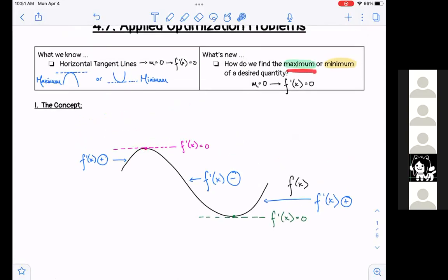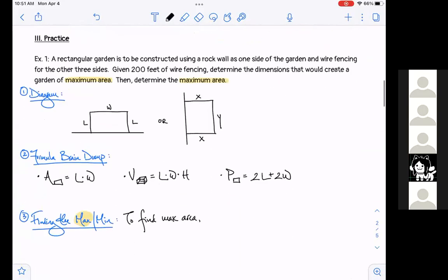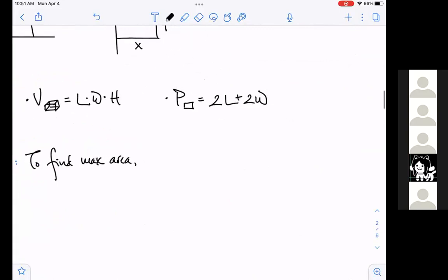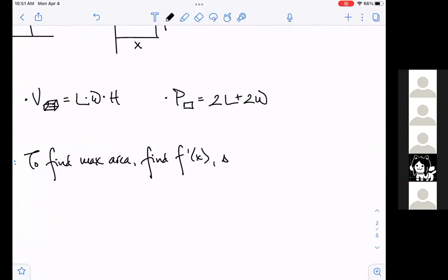Find our maximum by finding that derivative, setting it equal to 0, and solving for x, okay? So to remind ourselves, to find the maximum area, we are going to find f prime of x, set it equal to 0, and solve for x.